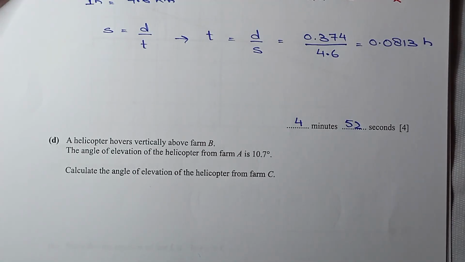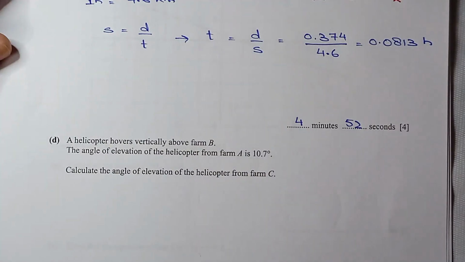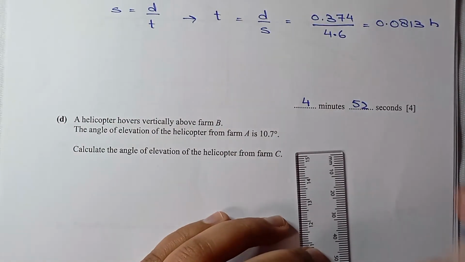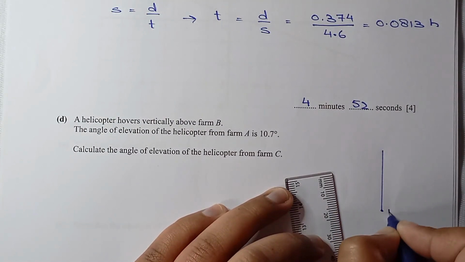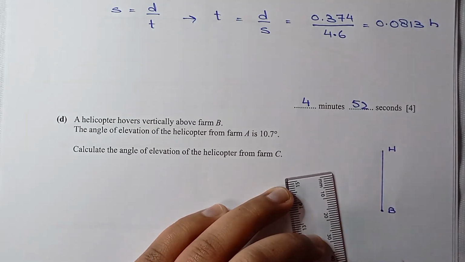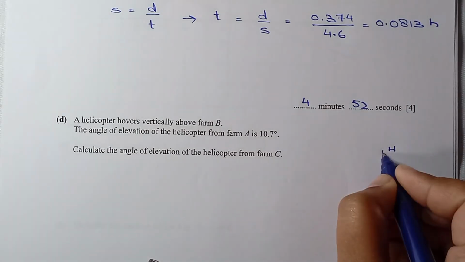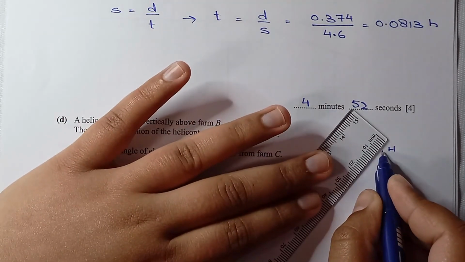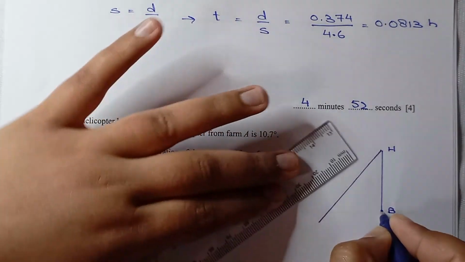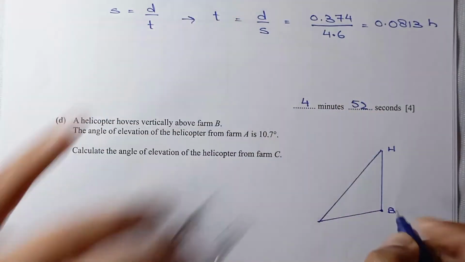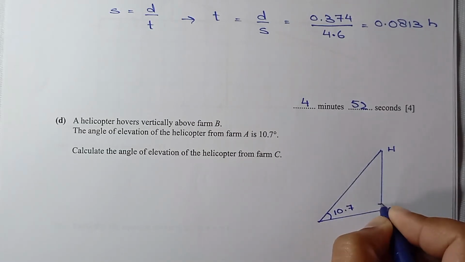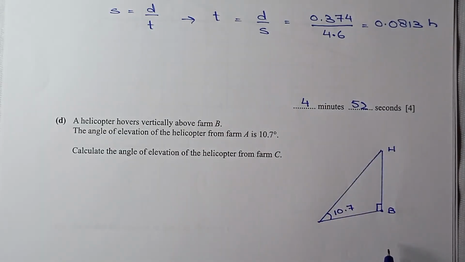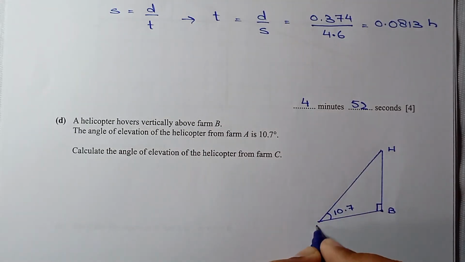Calculate the angle of elevation of the helicopter from farm C. Okay, so if I can draw it, if we have farm B over here and the helicopter is vertically above, this is B and this is the helicopter, it's vertically above farm B, and the angle of elevation from A, let's say A is over here, we have an angle of elevation from A of 10.7, and this is perpendicular because it is vertically above.